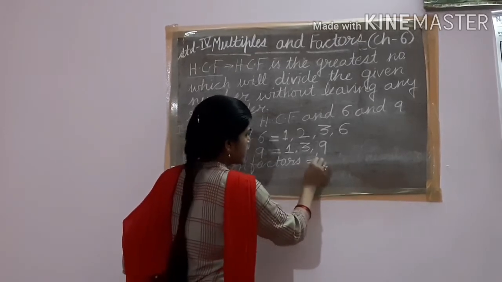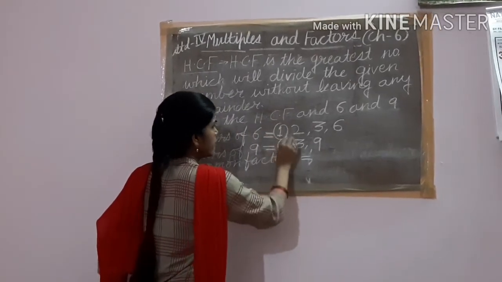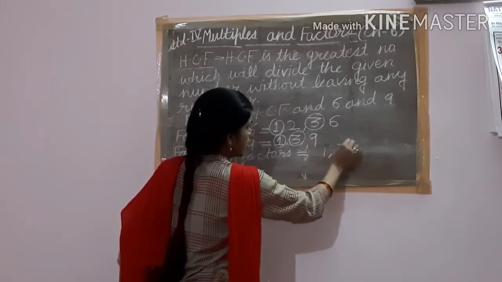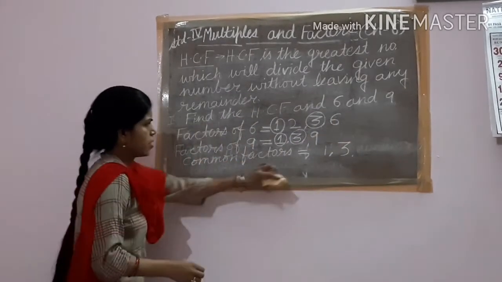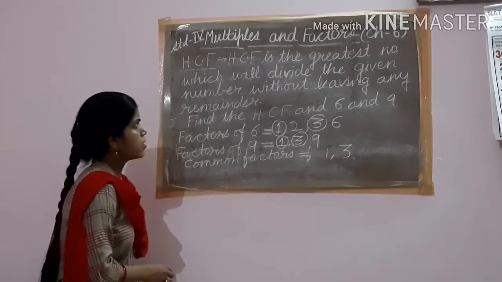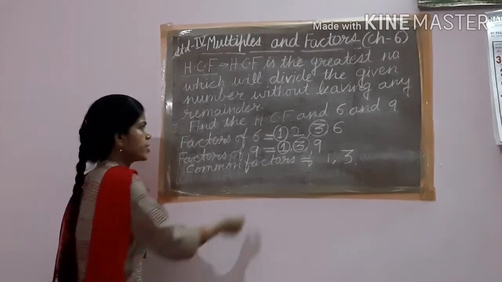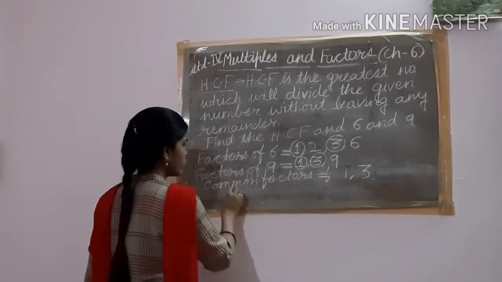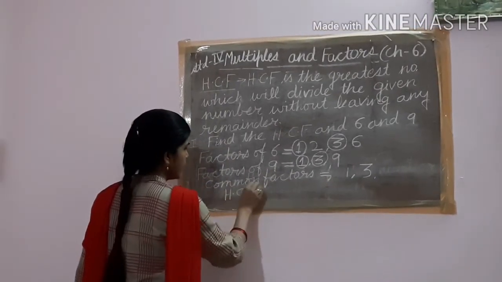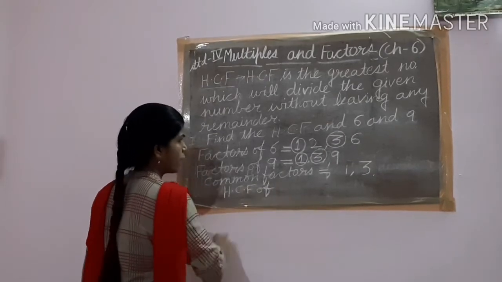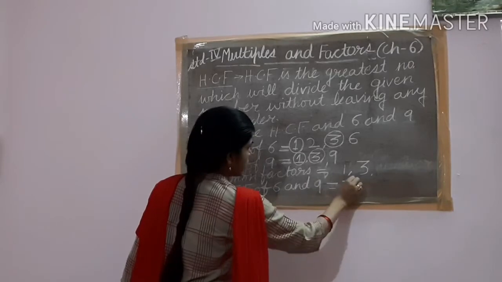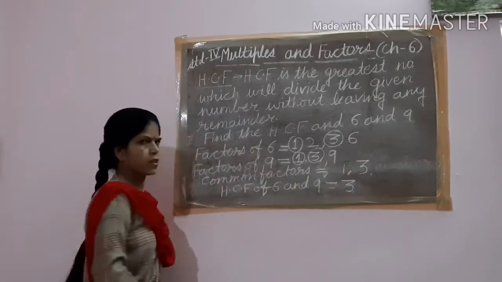The common factors are 1 and 3. So only two factors are here. Which one is the highest common factor which divides both numbers? That is 3. So the HCF of 6 and 9 is equal to 3.